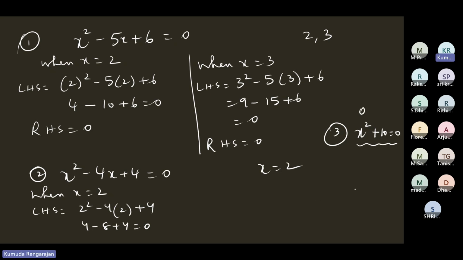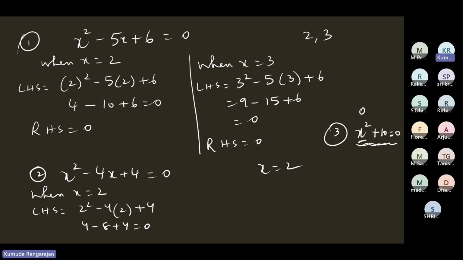If you take x as 0, 0 squared is 0, so plus 10 is 10. Whether the value of x is negative or positive, when you square it, it will become positive, or when x is 0, 0 square is 0, so 0 plus 10 is 10. Or that positive value plus 10 will be a greater positive value. You will never get 0.